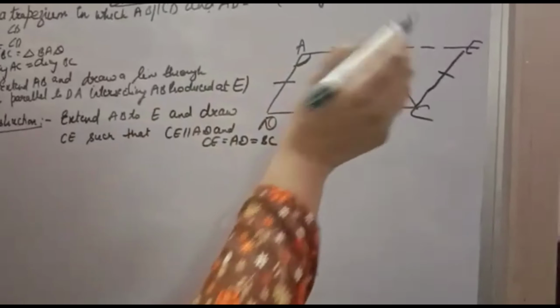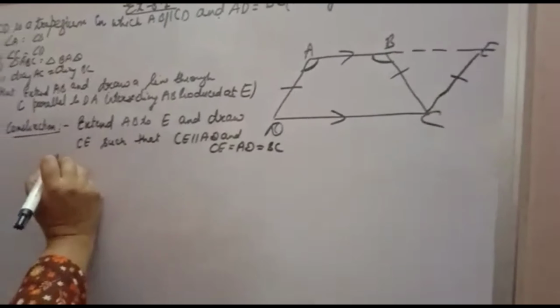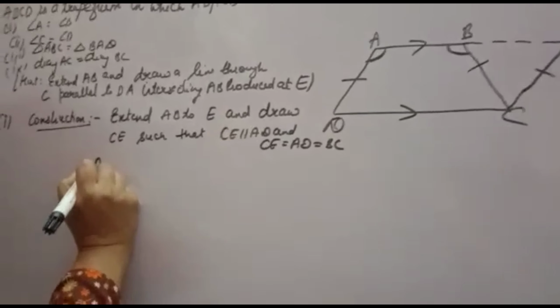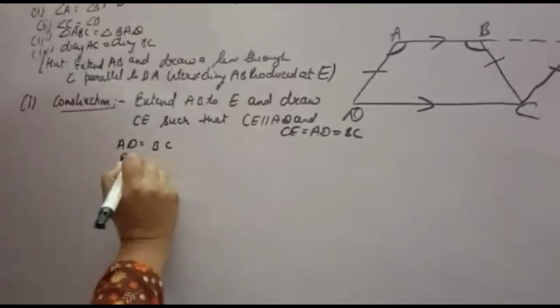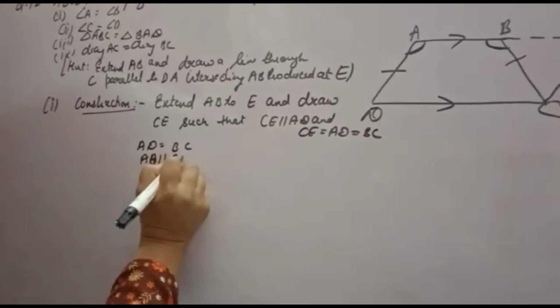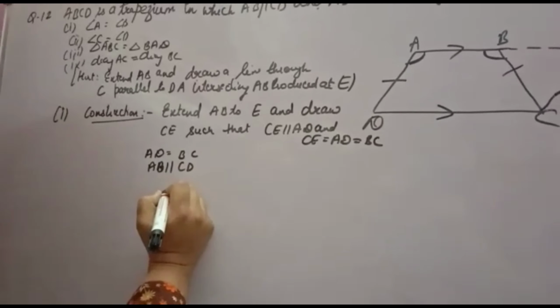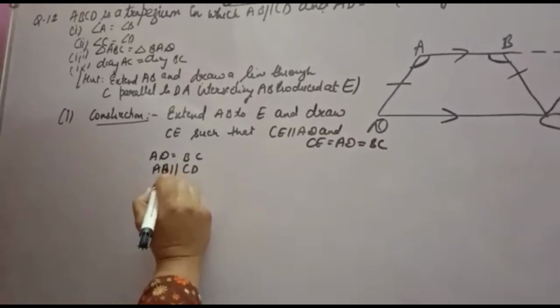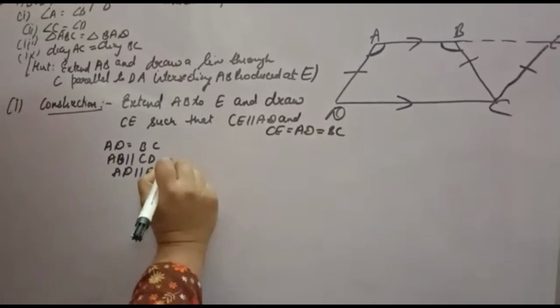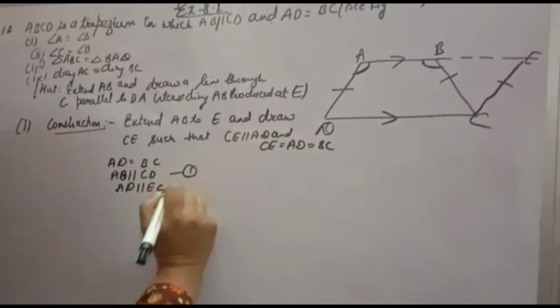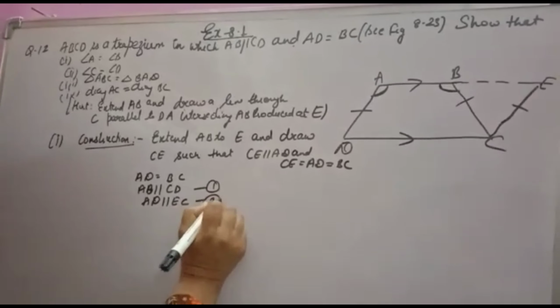Now, A equal to B is what you want to prove. You see that AD is equal to BC, given, and AB is parallel to CD, given, and already you have made AD parallel to EC. So first you will take AD is parallel to EC, by construction, and second AB is parallel to CD, given.